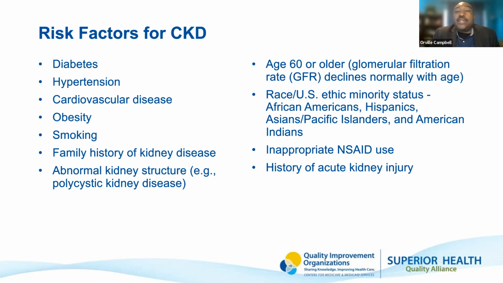Once you hit the age of 50, the kidney function decreases maybe around 1 ml per minute per year. However, that's not as rapid as our concern, which is 5 mL per minute per year. That is considered a significant steady decline. And of course, inappropriate use of both legal and illegal drugs.